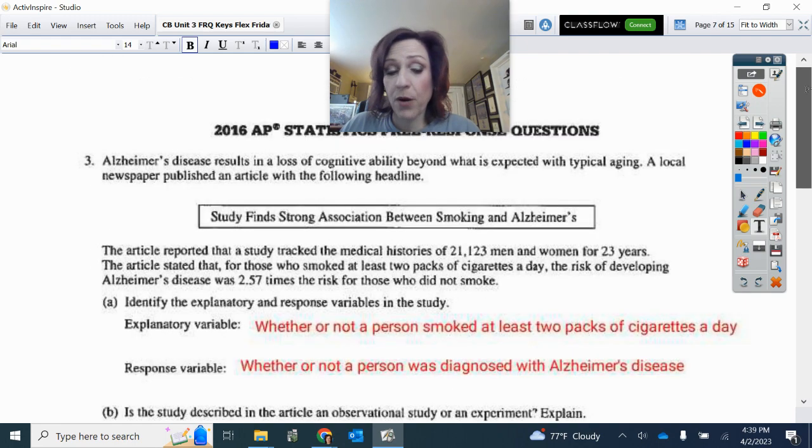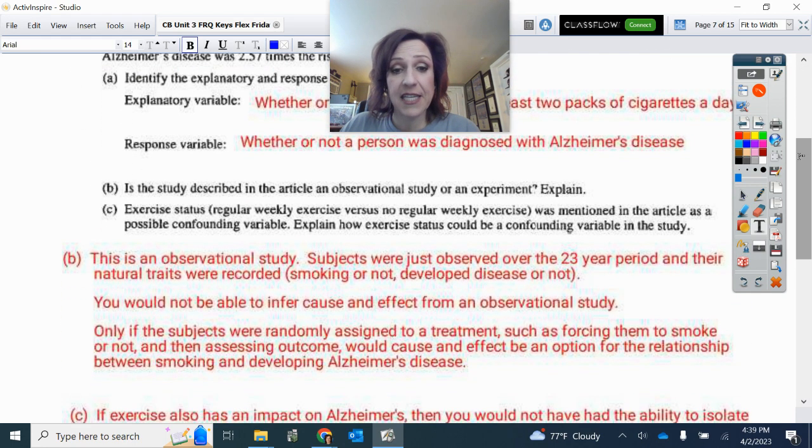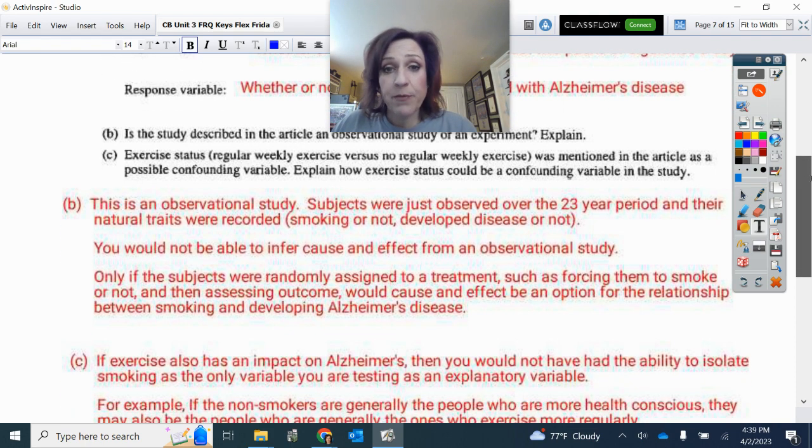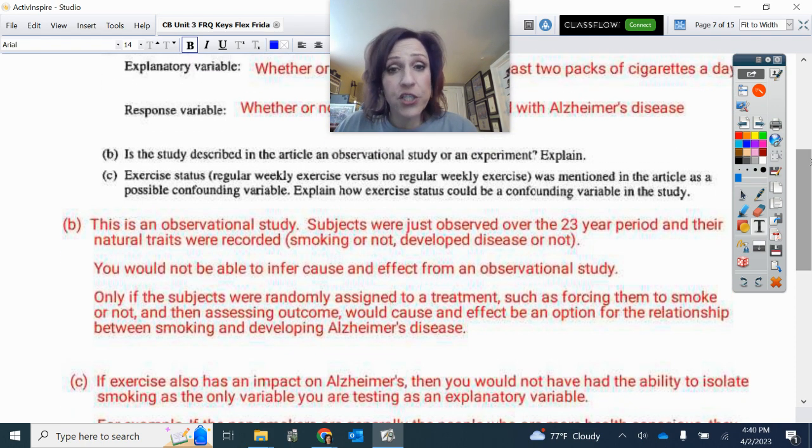Now, the second component: is this described as an observational study or an experiment? And then of course explain. So first you had to pick that it's an observational study. And there was a couple of ways that the correct explanation had to be done.